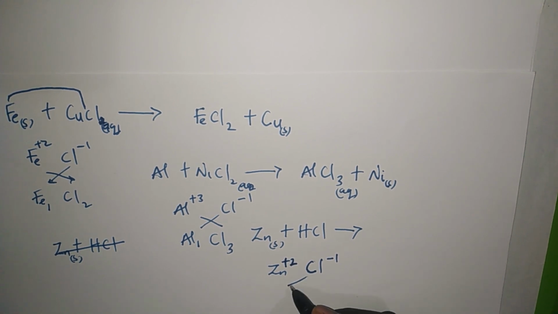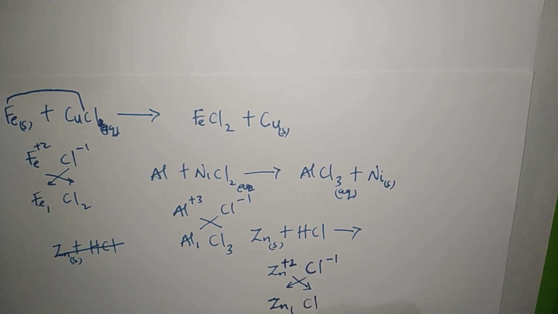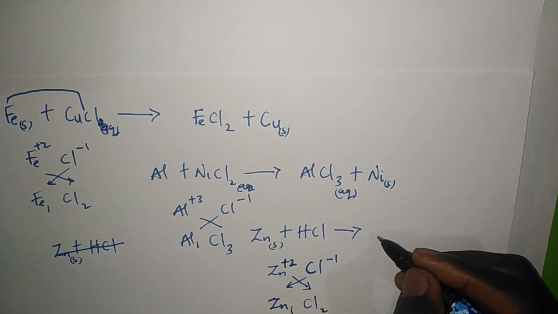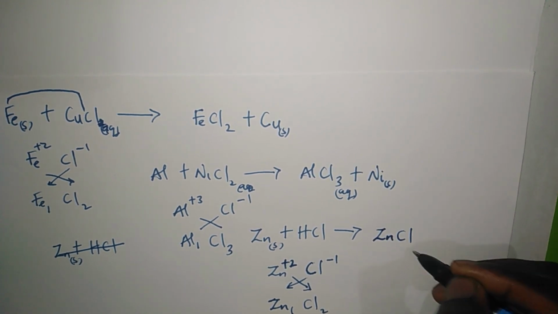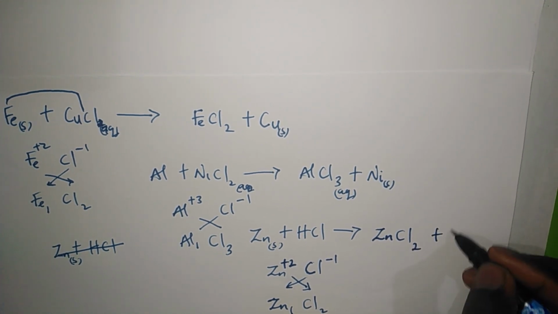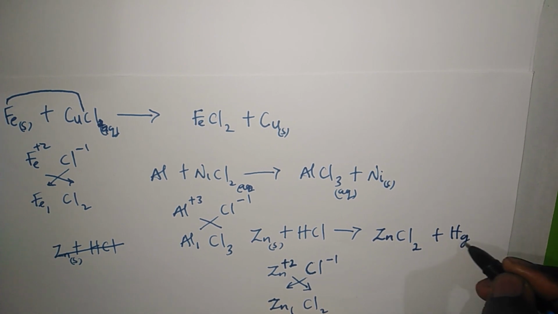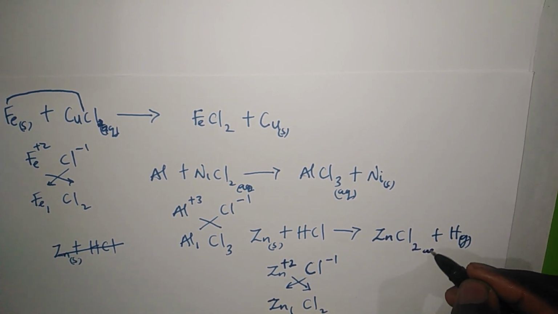So you cross their charges. Therefore, zinc 1, chlorine 2. Therefore, you're going to now say zinc chloride, right? Then you put plus hydrogen gas. This is in aqueous form.